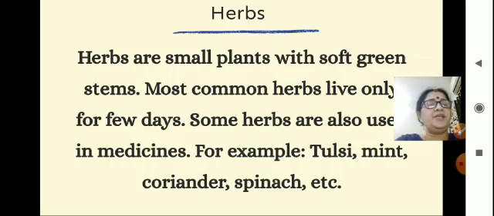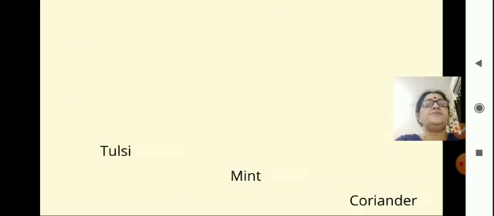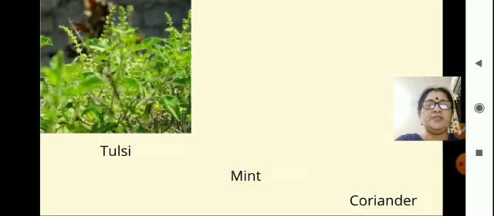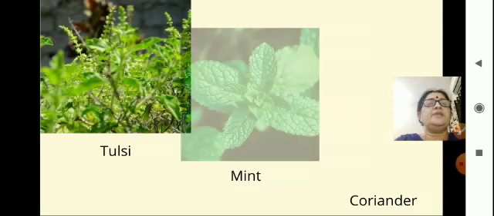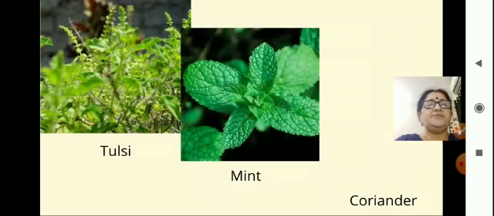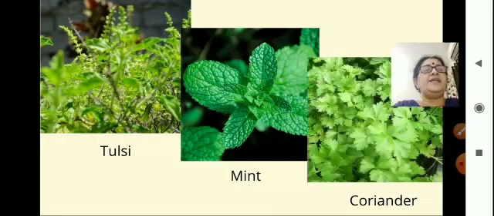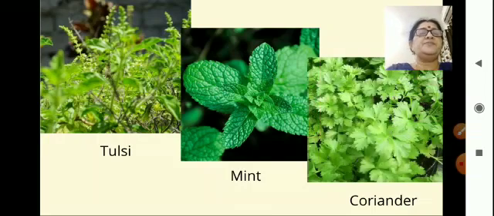For example, tulsi, mint, coriander. Tulsi, mint, coriander. These are the examples of herbs.